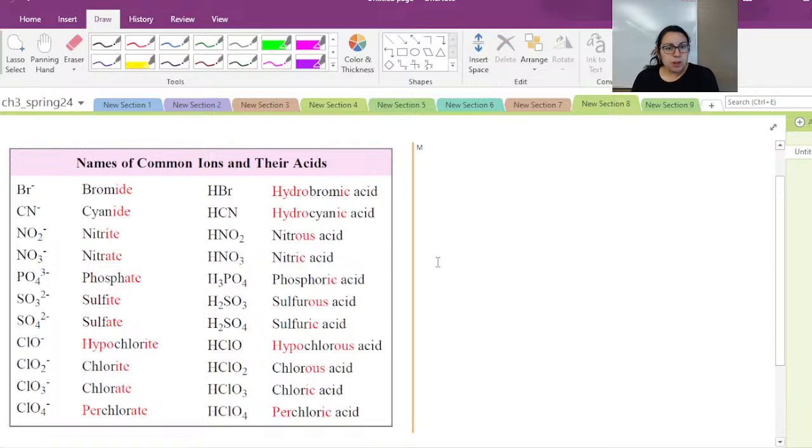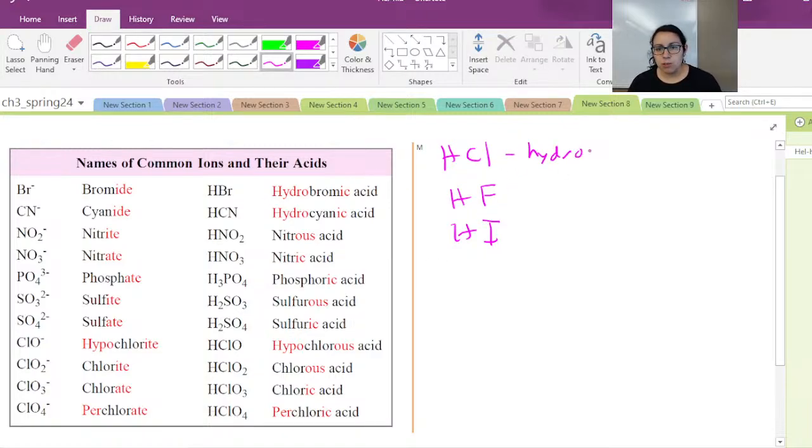And so you have your ions, and like I said, it's not very intuitive with your naming, because you have your strong acids, or let's call them your halogen acids, and they're all named pretty similarly.